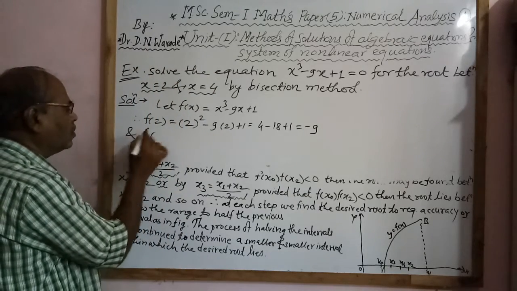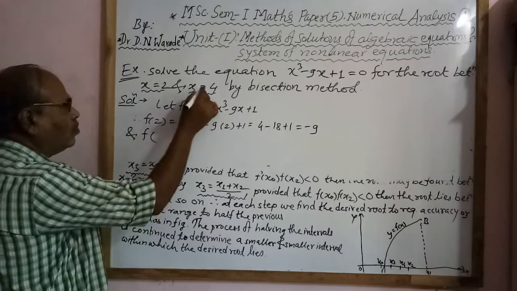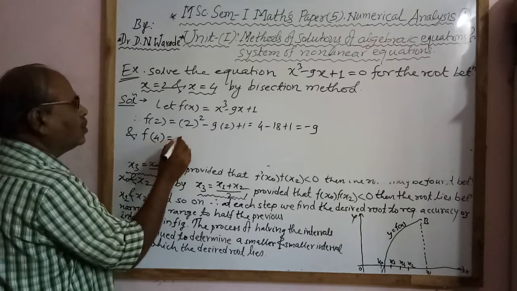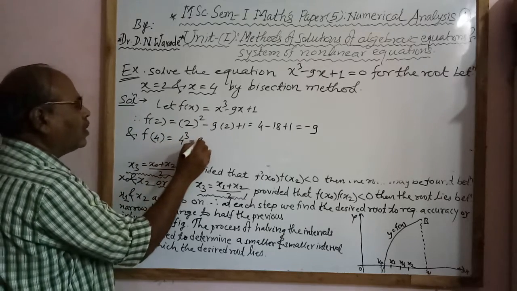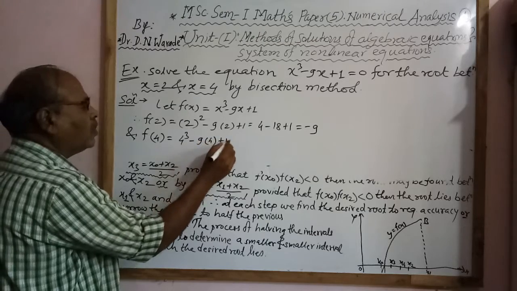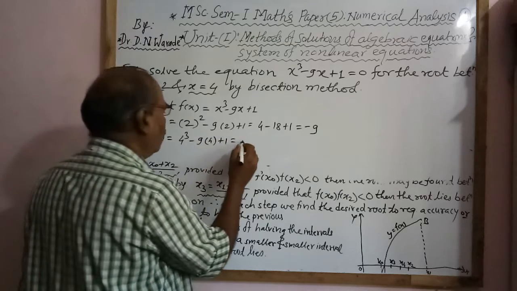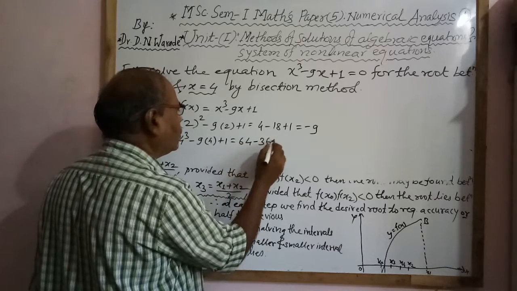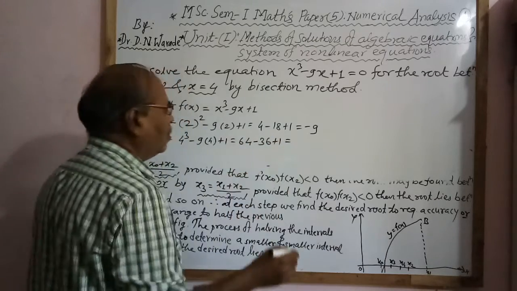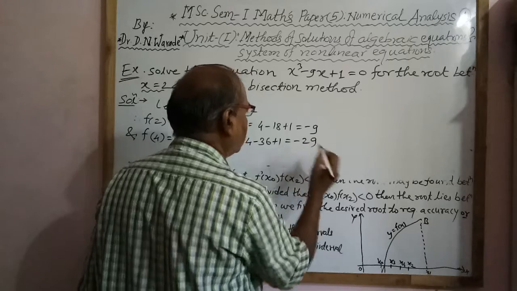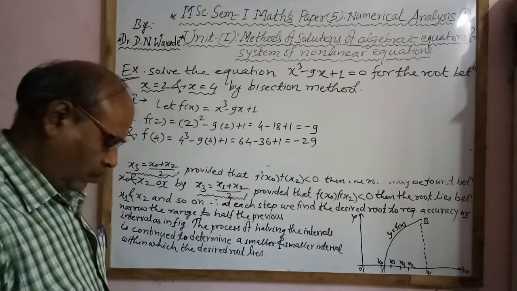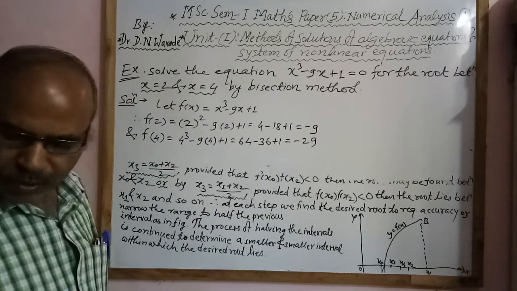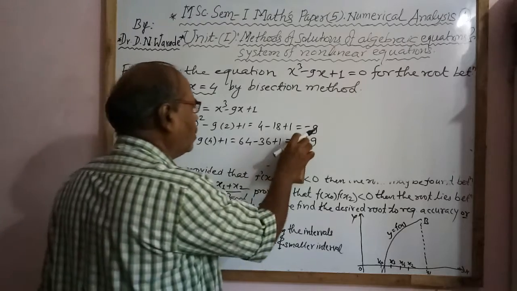And f of 4 equal to 4 cube minus 9 into 4 plus 1, 64 minus 36 plus 1. Now this will get as plus 29, not minus.